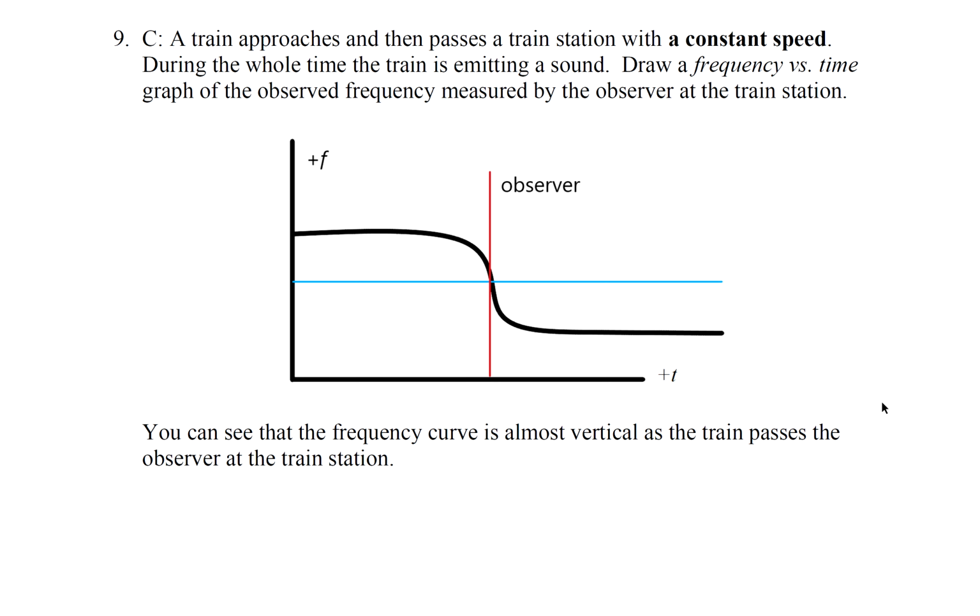Question 9. A train approaches and then passes a train station with a constant speed. During the whole time the train is emitting a sound. Draw a frequency versus time graph of the observed frequency measured by the observer at the train station.